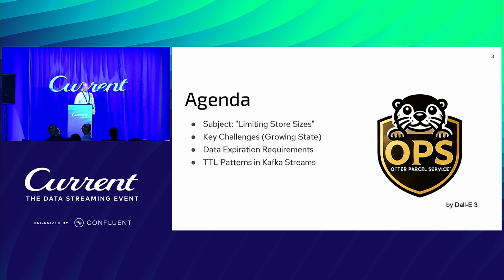Then the main section is to present 8 patterns for how you could achieve something like TTL with Kafka Streams, since it's not supported out of the box. And last but not least, if you have to deal with very large state, some of the patterns might not work, so I will present more patterns and ways to deal with that. And close with a small summary of all the patterns.